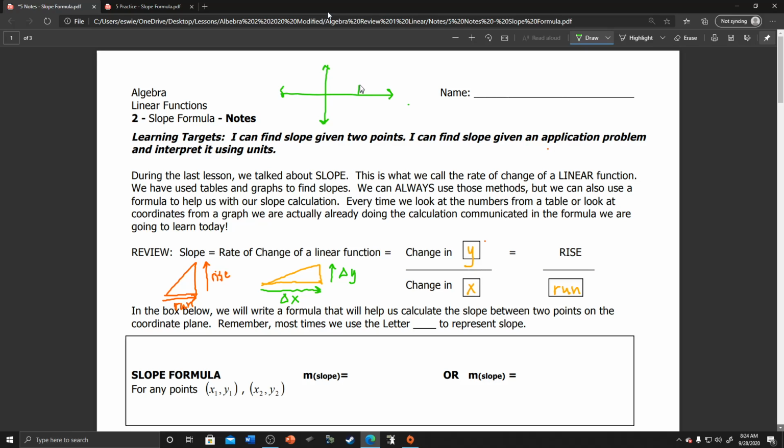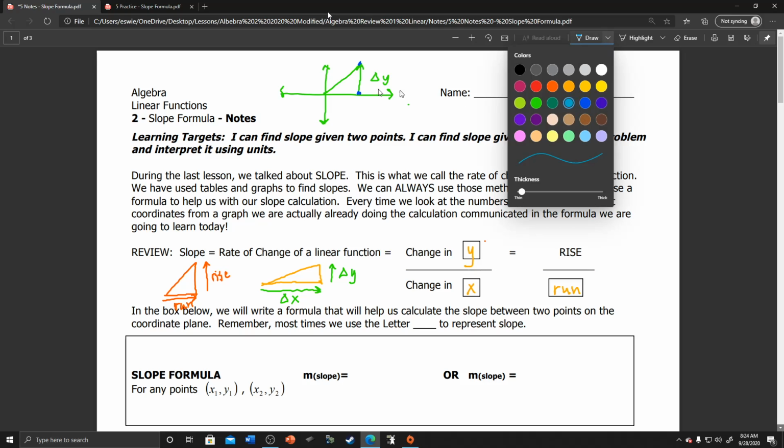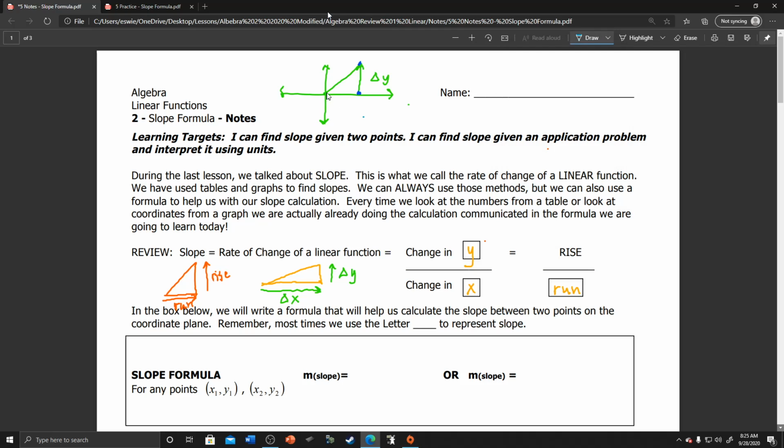And if I go up, that's going to be my change in y, because my y value of any one of these points is going up. Here my y value is, let's say 0, it looks like, and here, I don't know, maybe it's 5. And similarly, if I go over this way, my x value is changing.